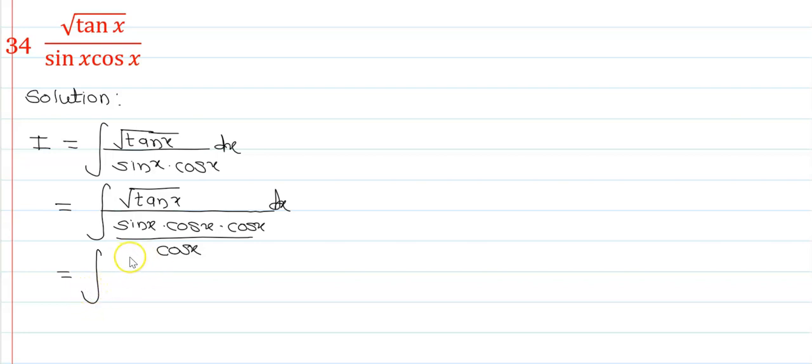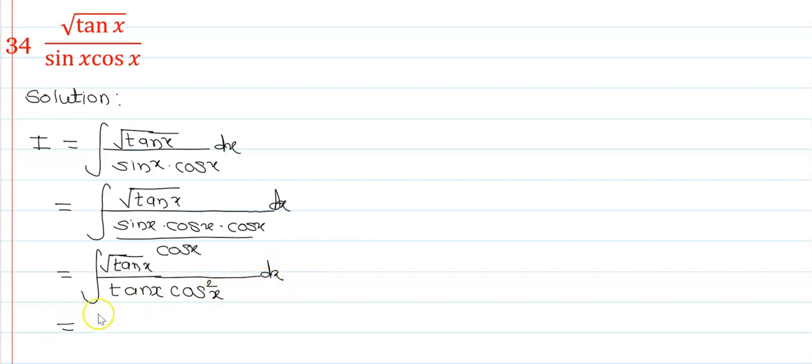Then what are you getting? Integral of root of tan x upon sin x upon cos x, which here gives tan x, and cos x into cos x gives cos square x, into dx.